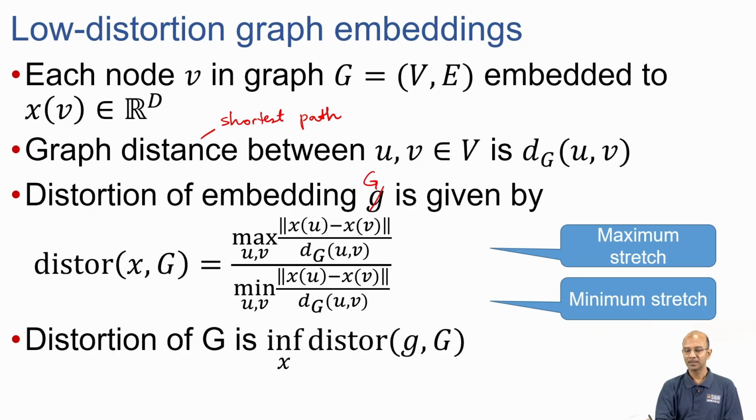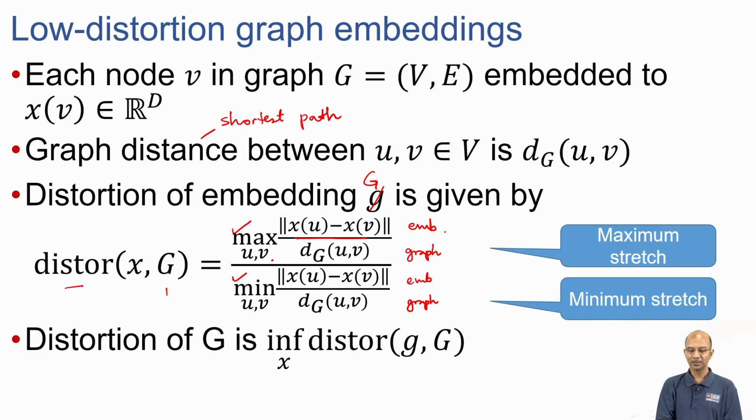The numerator is the maximum over all pairs of nodes in G of the distance in the embedding space divided by the distance in the graph space, and we take the max in the numerator. In the denominator, we still have the embedding distance divided by the graph distance, but this time we take the min. The larger this quantity is, the more distortion we have in the embedding, and this is fairly intuitive.